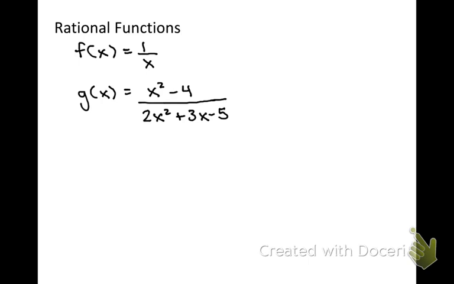Okay, that's just a ratio of polynomials. Now, the key with rational functions is that we do not want the denominator to be 0. That's going to be our second bad thing.